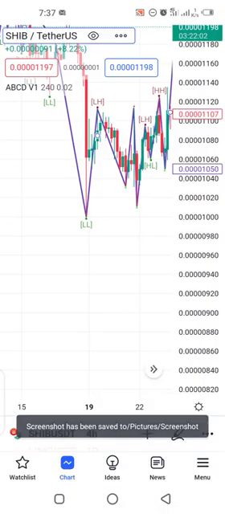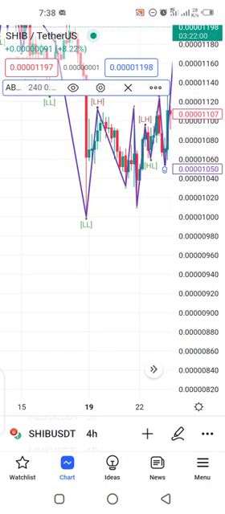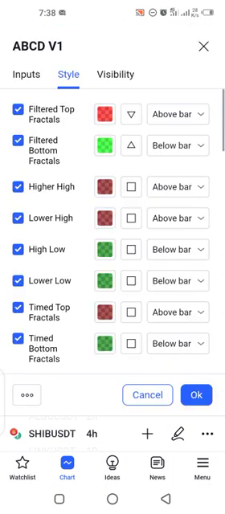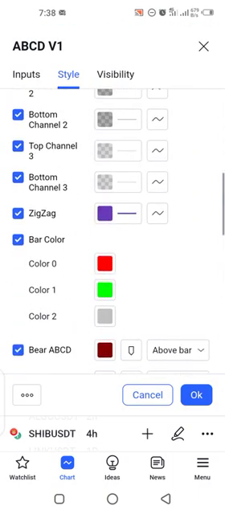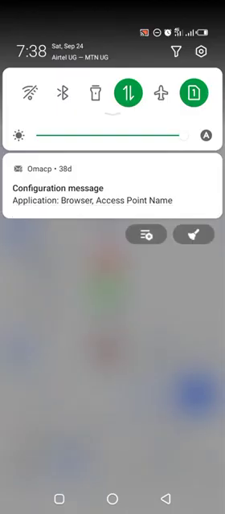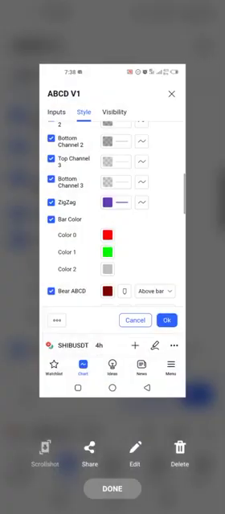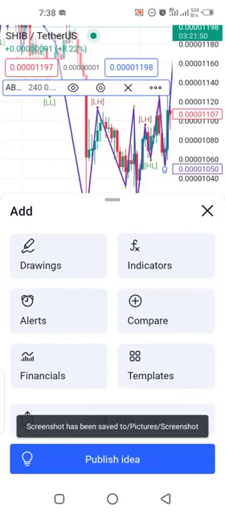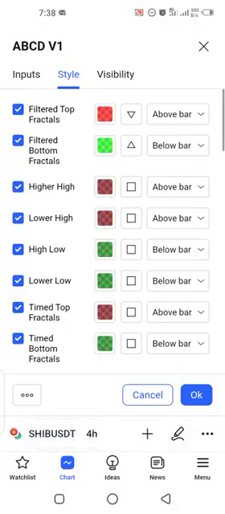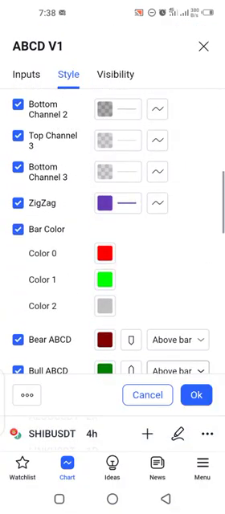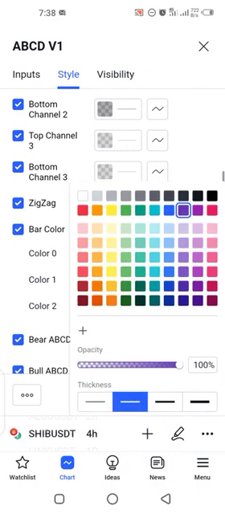And what we do in this area of zigzag is to basically and purely choose the color. Oh no, it's not working out very well, but I will now not take a screenshot. So zigzag, we tap on the color, and you can choose your favorite color, right? So me, I chose purple.